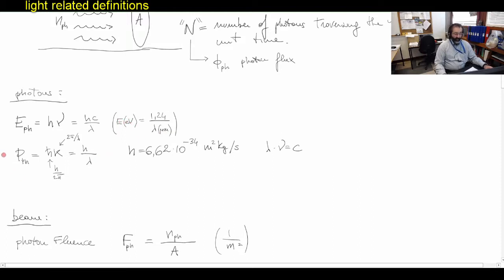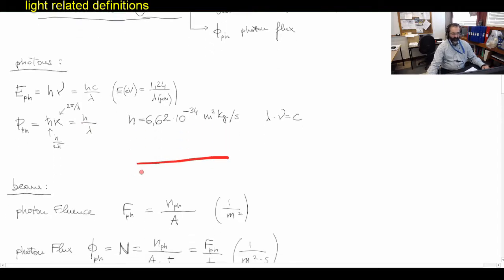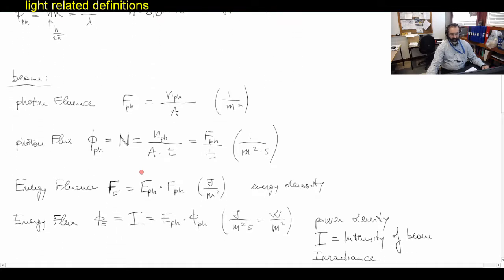The momentum of the photons is a small p_ph, just not to confuse it with the power of the beam that we will see later. So this is p equal to ħk. Remember, ħ is h over 2π, h is Planck's constant, and k is the wave number, the wave vector, where k is 2π over λ. So p, the momentum of the photon, can also be written as h over λ. This is just to remind you about the photons and their key quantities.